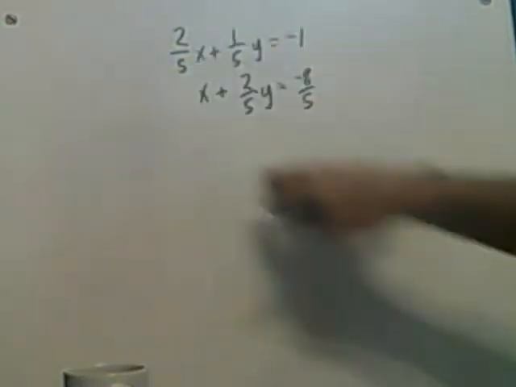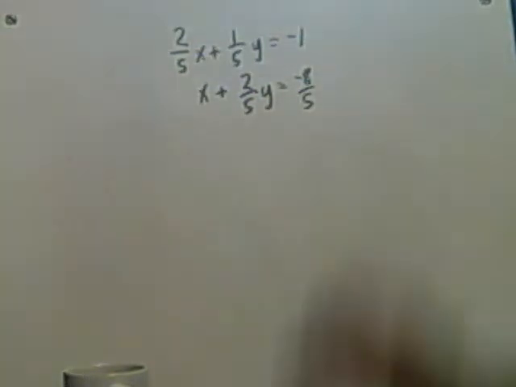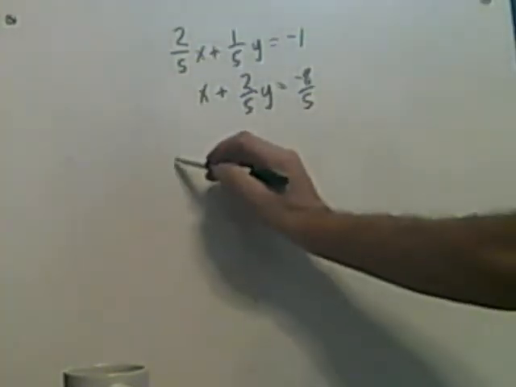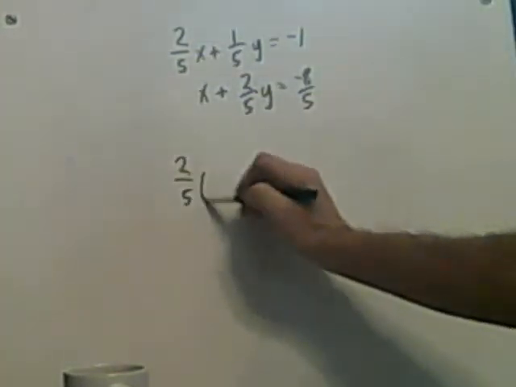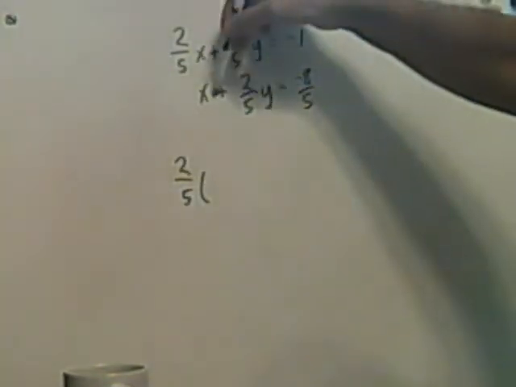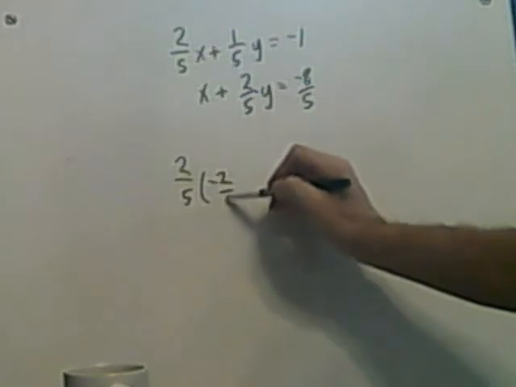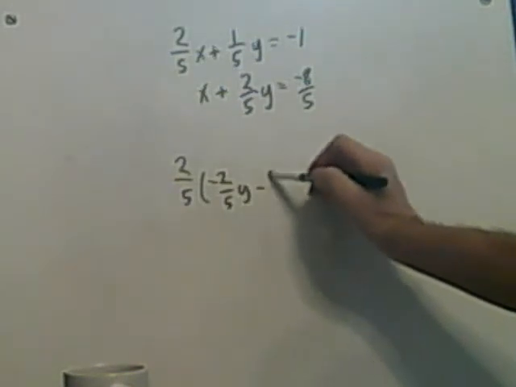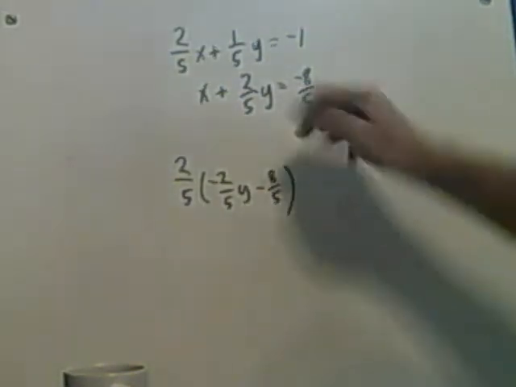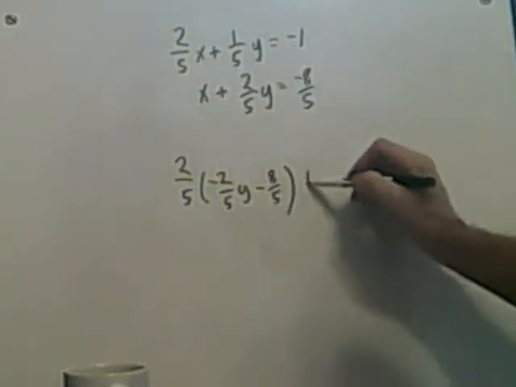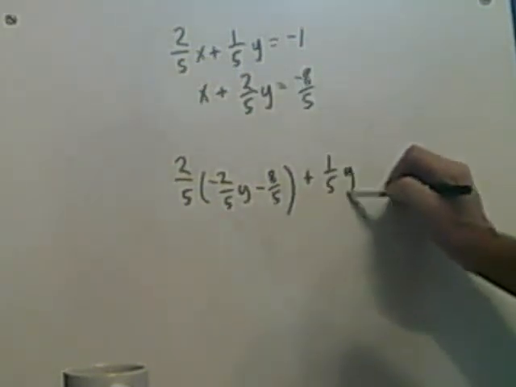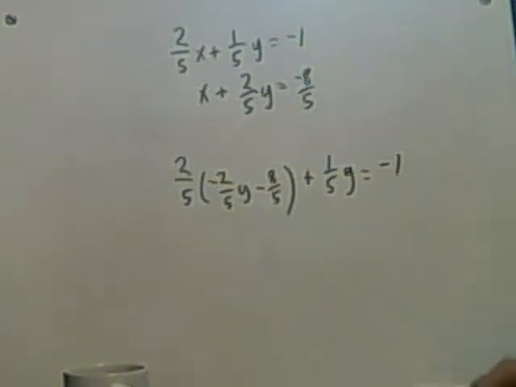I'm going to plug it into the first equation for x, so what I'm going to end up with is 2/5 times x, but I'm going to use what I got on the second equation here, and that's negative 2/5 y minus 8/5. That's what I got by moving that to the other side, plus 1/5 y is equal to negative 1.